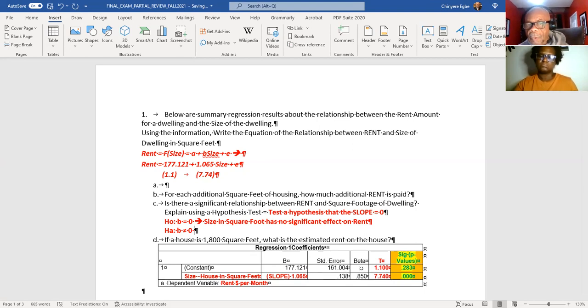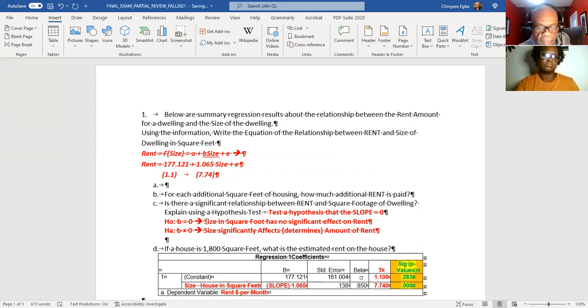That B is not equal to 0, which implies that size significantly affects, or you can say determines, amount of rent. That is your hypothesis.